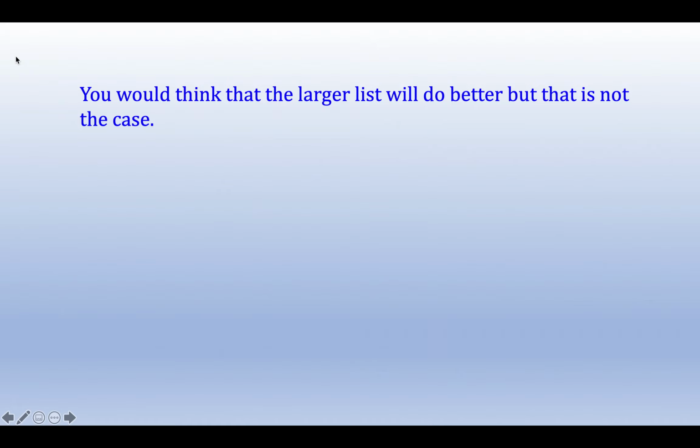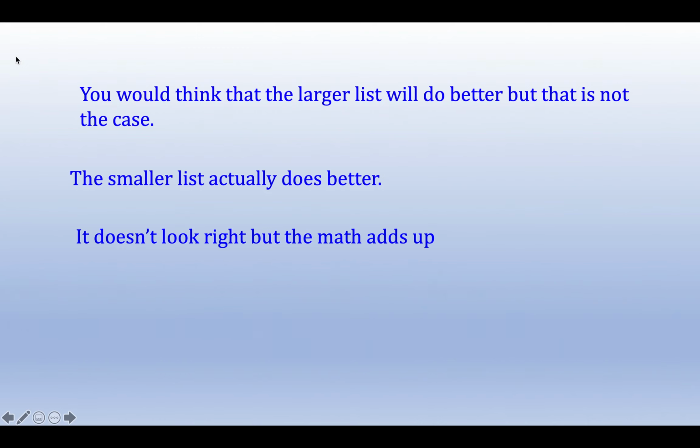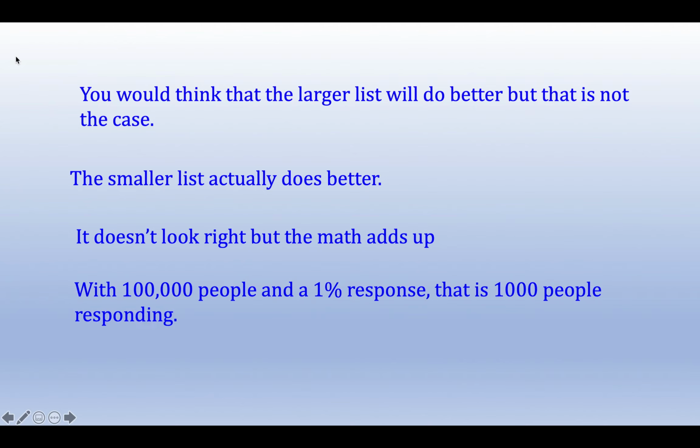Most likely you're going to say the larger list, because with 100,000 people on a list, you start thinking big money. And that's not exactly the case here. The smaller list actually does better. It doesn't sound right, but the math adds up. With 100,000 people and a 1% response, there are 1,000 people actually taking action on an offer.